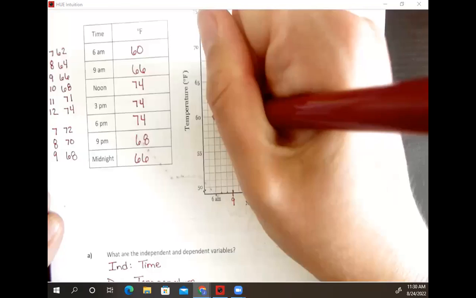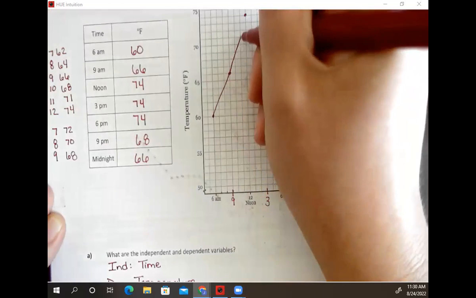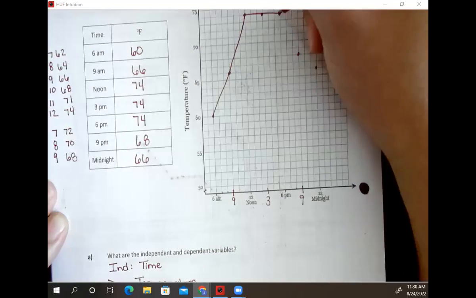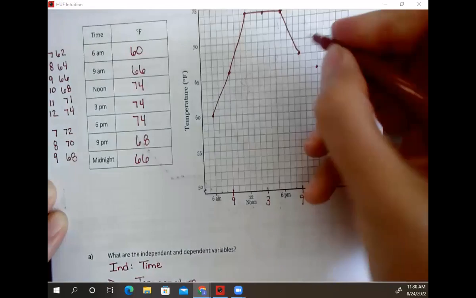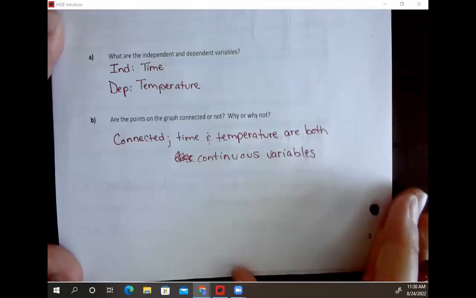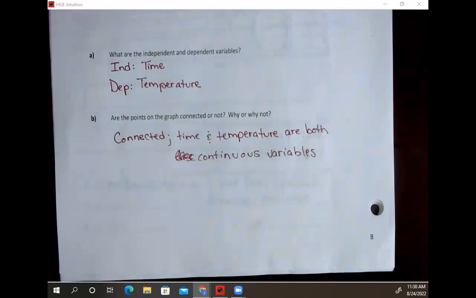I'm going to jump up to my graph really quickly and connect those points. If both my variables are continuous, we can connect the points on our graph. Otherwise, I have to leave them in as sort of like a scatter plot.